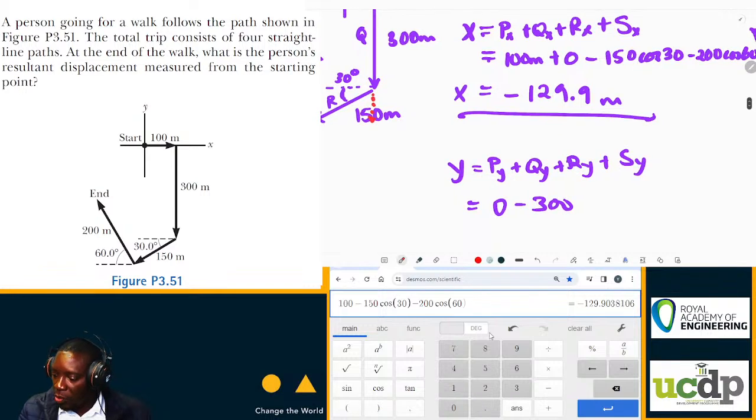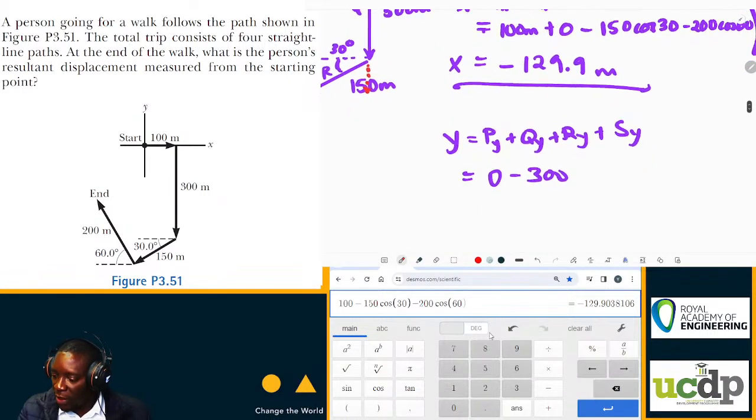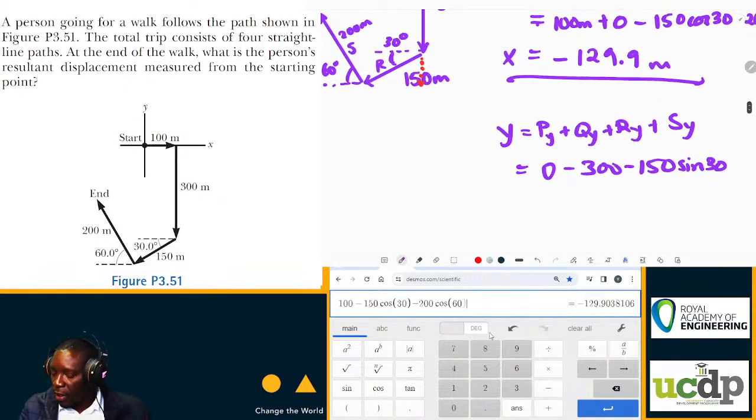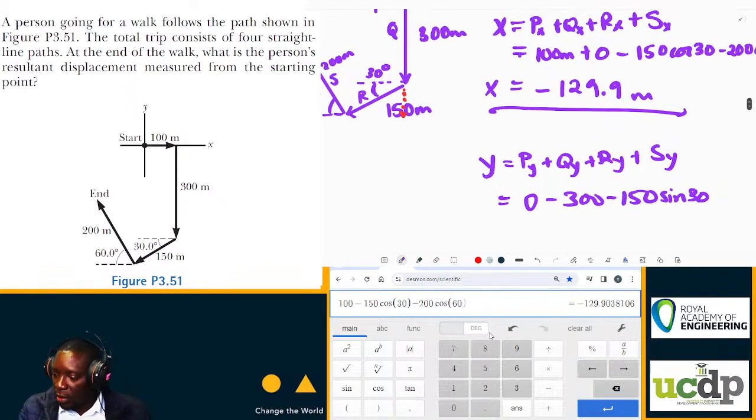So ry is negative 150 sine 30. So minus 150 sine 30. Then sy is a component that's upward. It's a component that's upward.